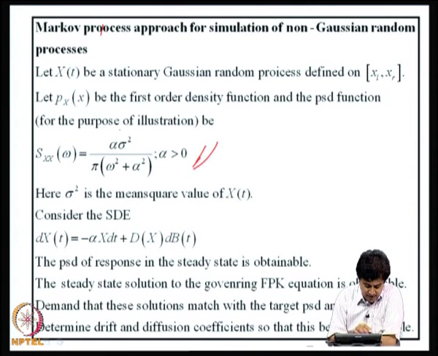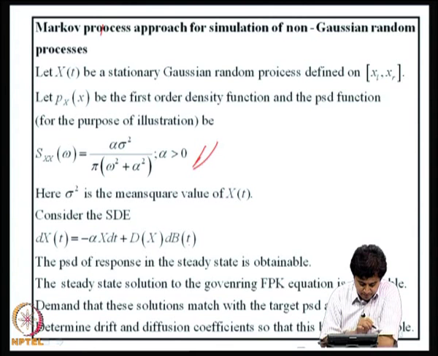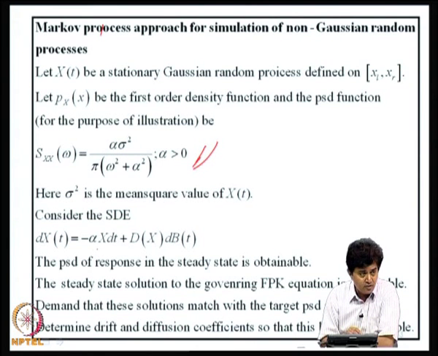Now, what I do is I consider a stochastic differential equation dx of t is minus alpha x dt plus d of x dB_t. Now, this equation is such that the 2-time response of x of t can be evaluated, and we can in fact compute the autocovariance of the response process.